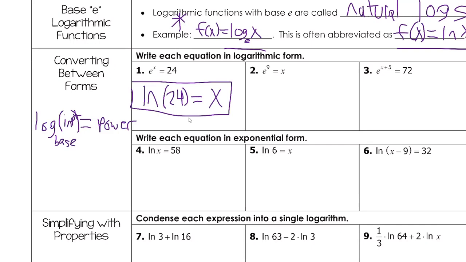Similar idea here, since e is our base, we're going to have a natural log. What it equals is your input, and then you're going to set it equal to the power, which would be 9.